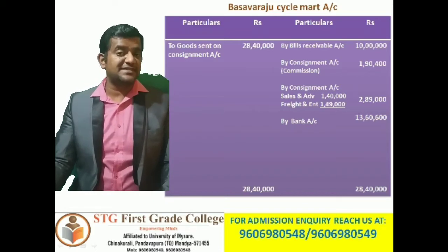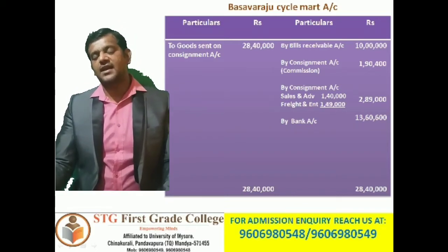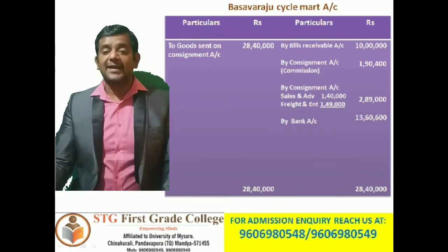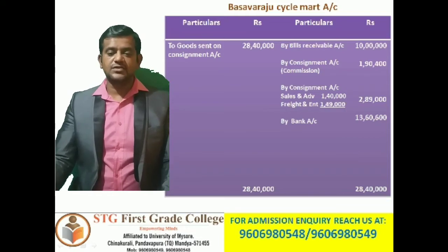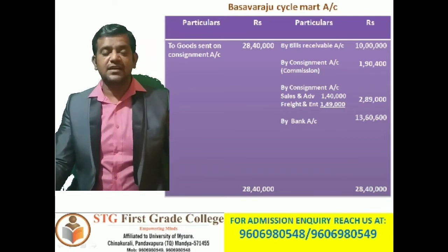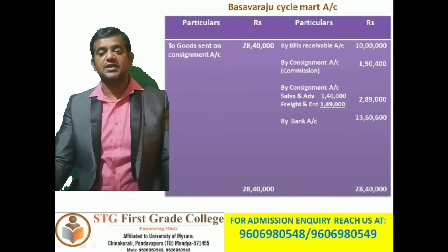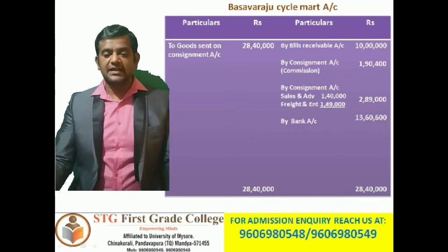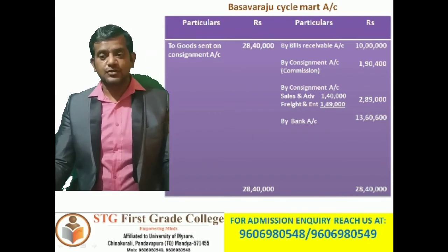How much was the advance received? 10 lakh. By commission account, that is consignment account in bracket commission 1,90,400. By consignment account, that is expenditure incurred by the consignee for sales and advertisement purpose. He has incurred 1,40,000 rupees expenditure. Then freight and entry tax is there, that is 1,49,000 rupees.